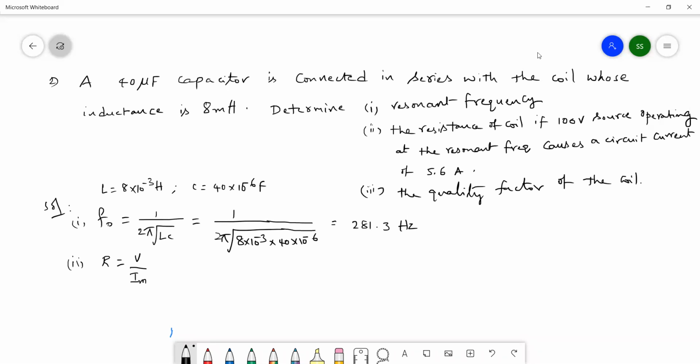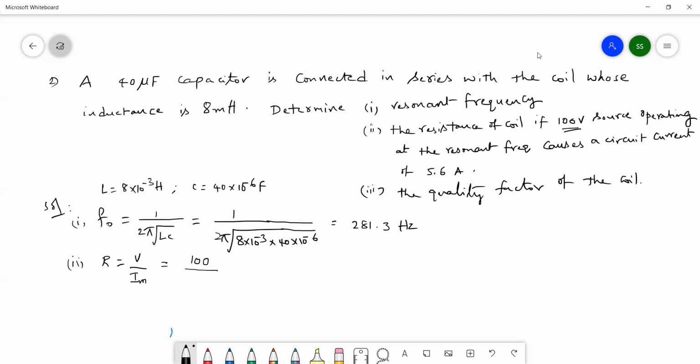So here, are they given the V value in the second bit? How much is the V value? 100. All right, determine the resistance of the coil if a 100 volts source, nothing but your voltage value 100, is operating at resonant frequency.